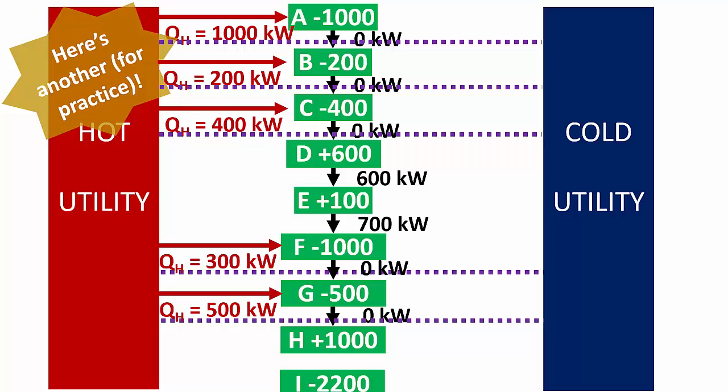Block H has 1,000 kilowatts of heat to give to block I. However, block I requires 2,200 kilowatts of heat, so we supplement with 1,200 kilowatts of heat for block I. Notice we don't have a pinch point under block I, simply because there's no block under it.